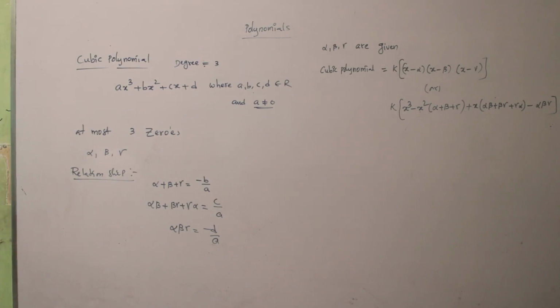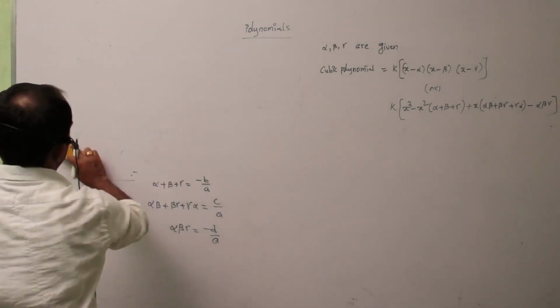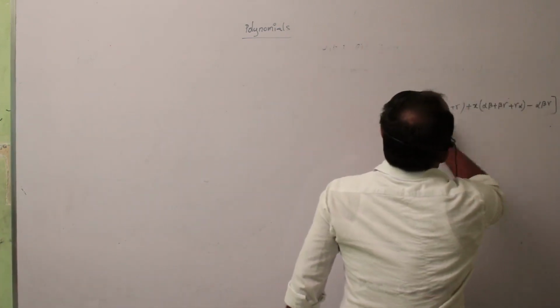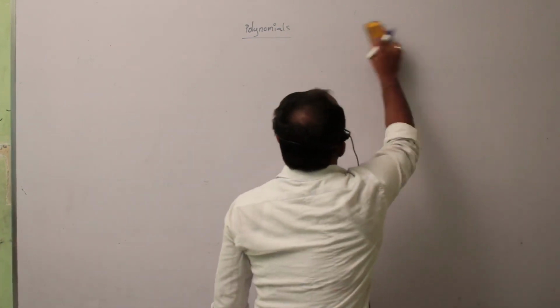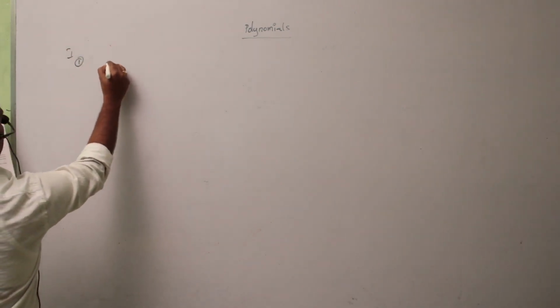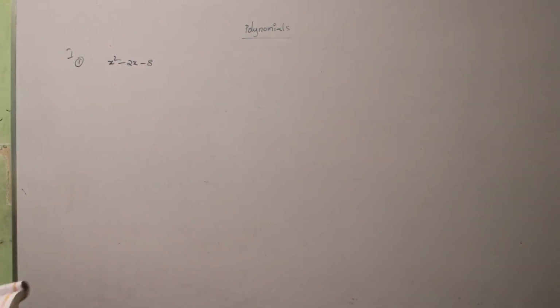Now let us see problems in exercise 3.3. Suppose the first problem, x square minus 2x minus 8.